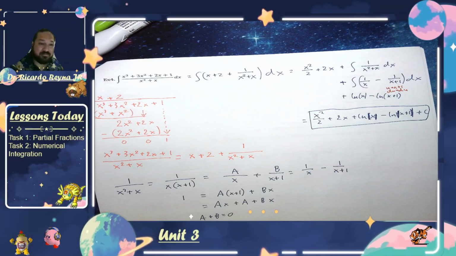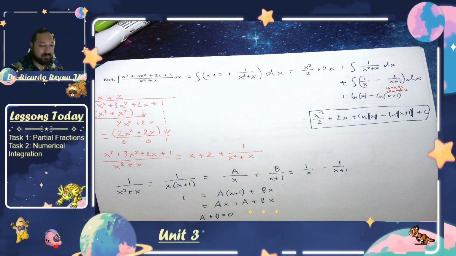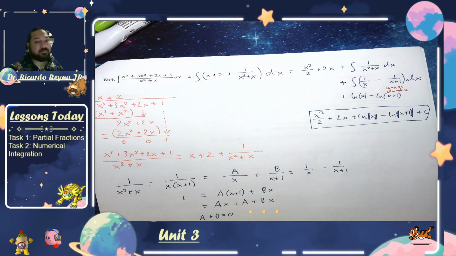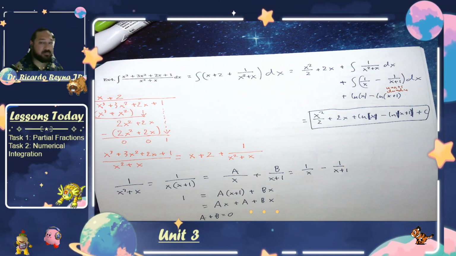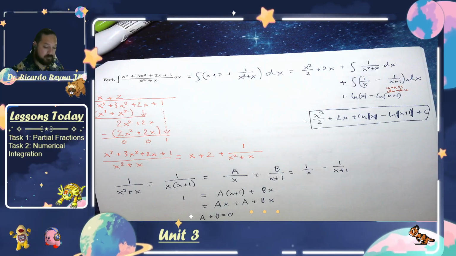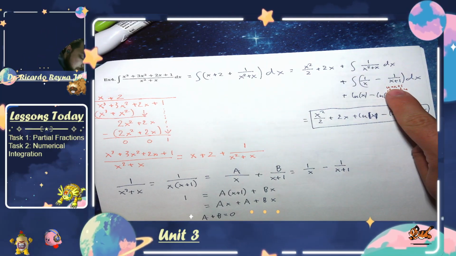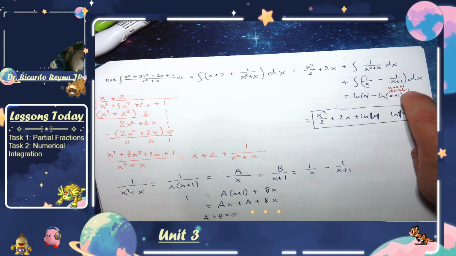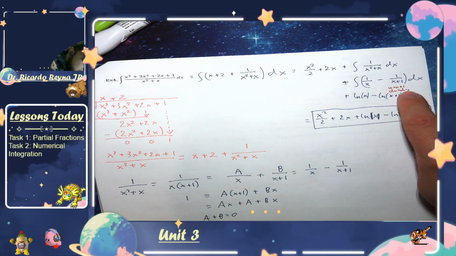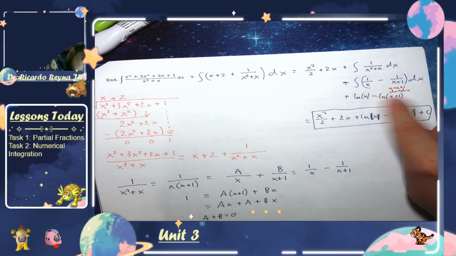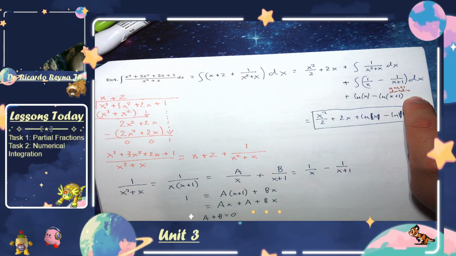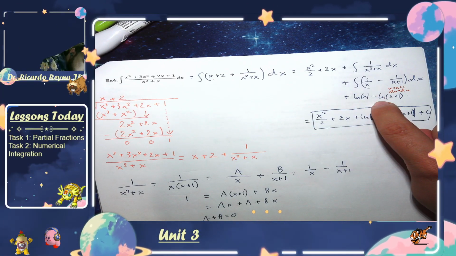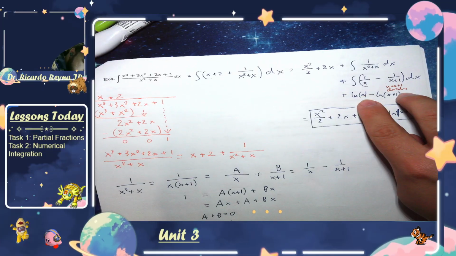The integral of 1 over x minus 1 over x plus 1 dx. From here, we know the u substitution. Well, this doesn't need u substitution, but for the second term the u substitution is pretty straightforward: u is x plus 1, du is equal to dx. So we have ln of x minus ln of x plus 1.